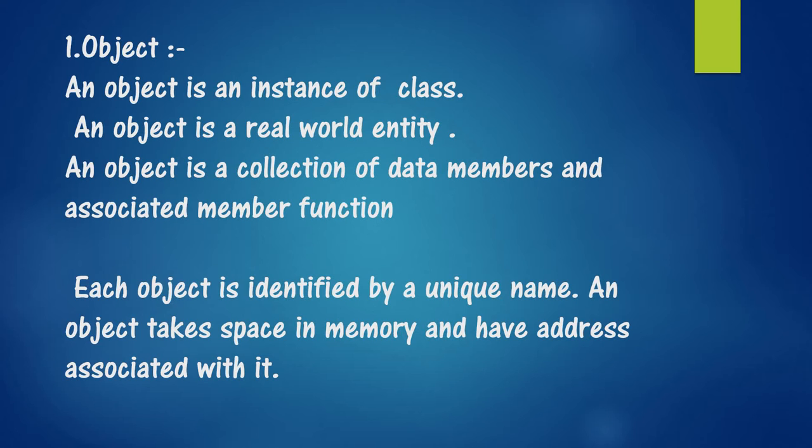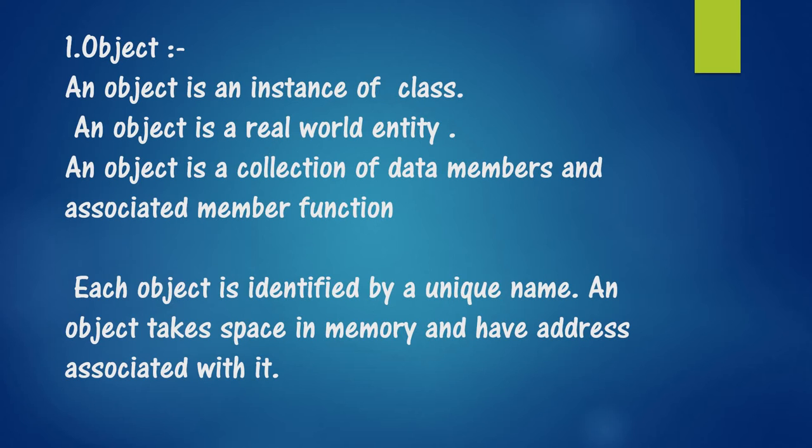Register number, name, mark and all the characteristics or properties of the student. Those properties or characteristics are called data members. Member function means reading the details of the student, printing the details of the student. Like that, some operations. Those operations are called member functions.